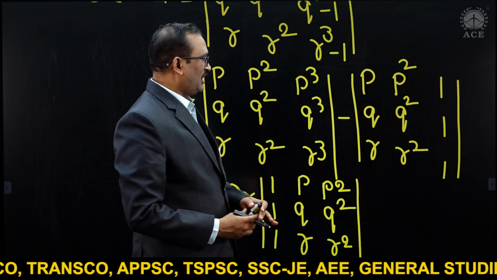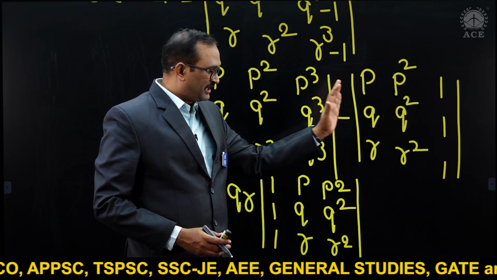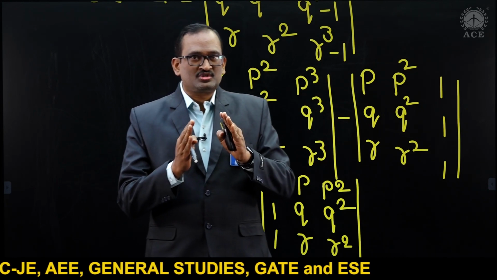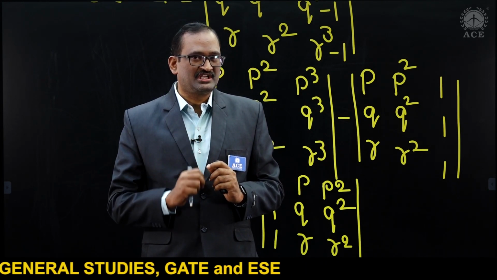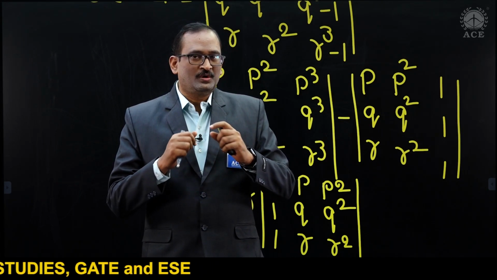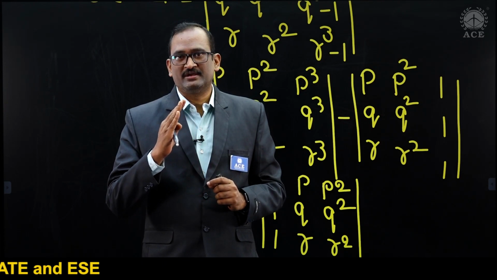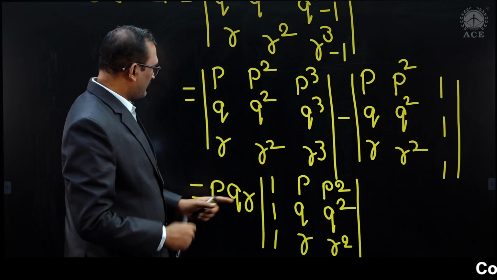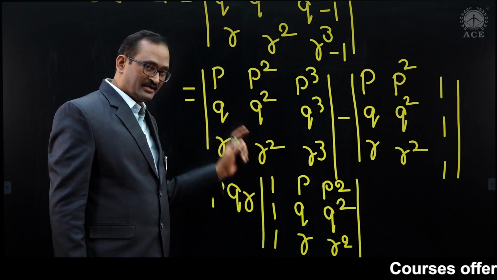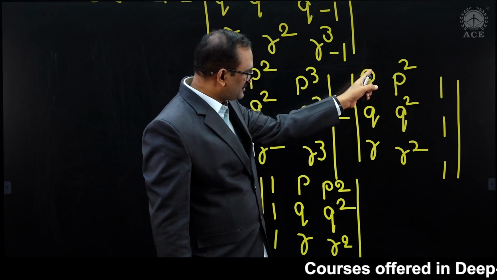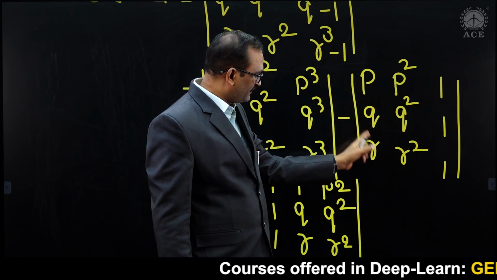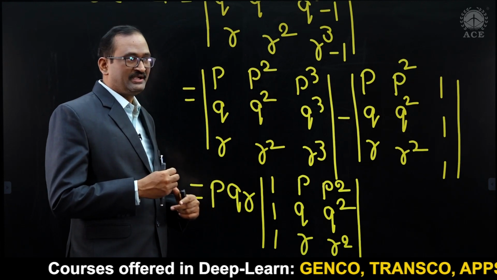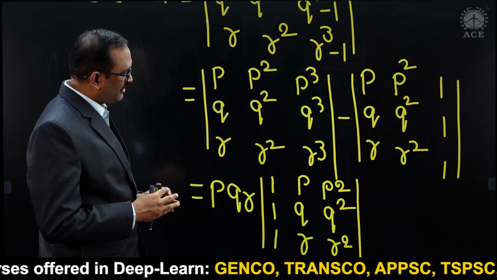Now you observe, I want to get the second determinant also in this format. Please do remember that if two rows or columns have been interchanged, the original value of the determinant should be multiplied by -1. Look, actually our first column is 1, 1, 1 here. In order to get the first column elements as 1, 1, 1, I just want to interchange the first and third columns.